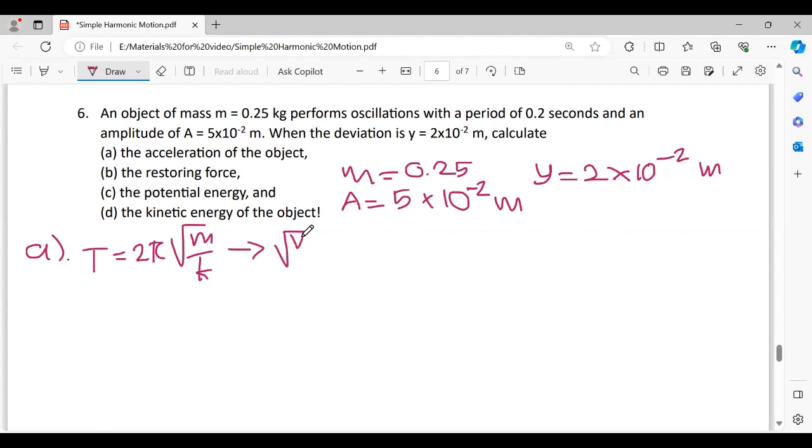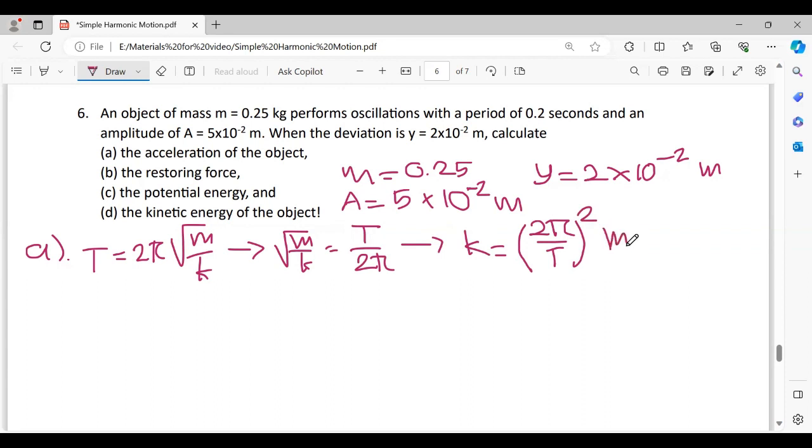Square root of m over k equals T over 2 pi. So k equals (2 pi over T) squared times m.